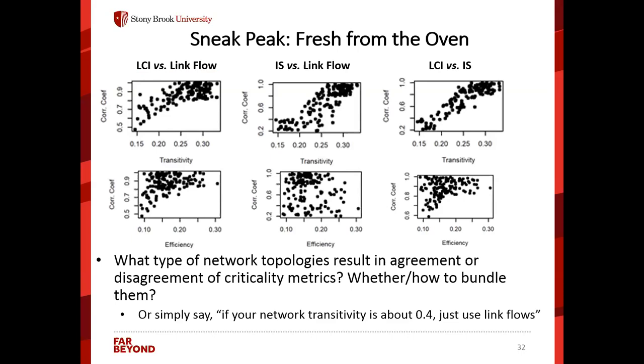Or let's simply say, if your network transitivity is about 0.4, use link flows, because whatever you calculate with LCI or importance score agrees very highly with the link flow. So why bother doing all this rigorous math?